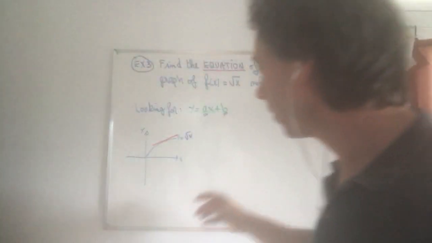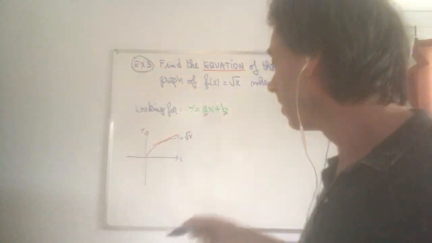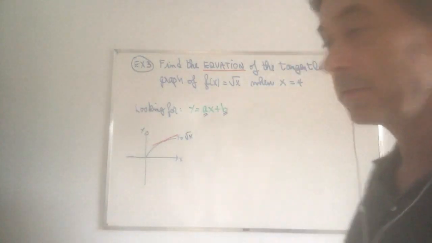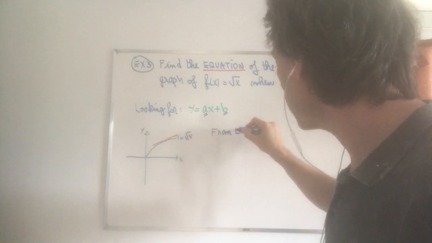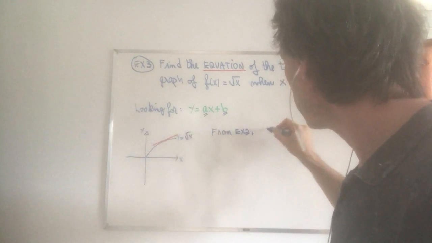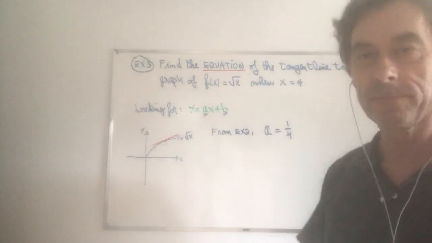So now we're not satisfied with having only the slope of that line. We want the full-fledged equation. Piece of cake, right? Because we already have the slope. So from example 2, the slope is equal to 1/4.